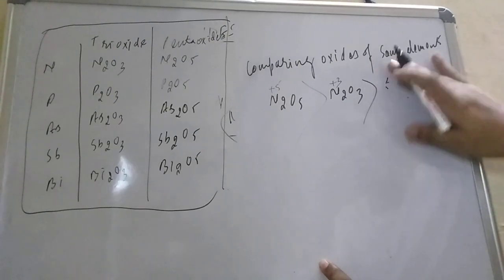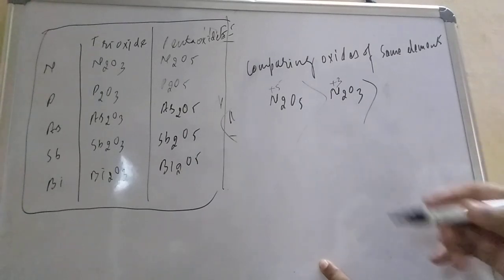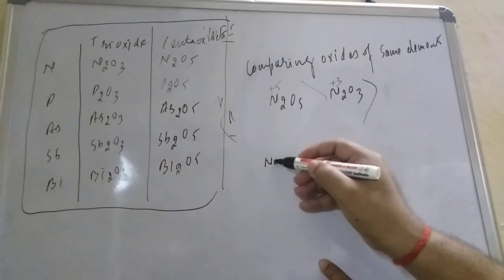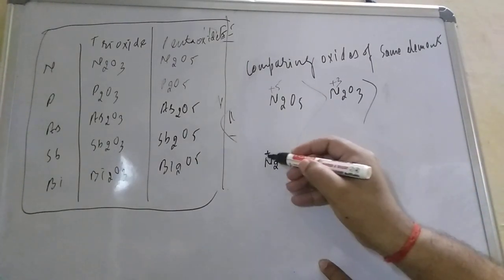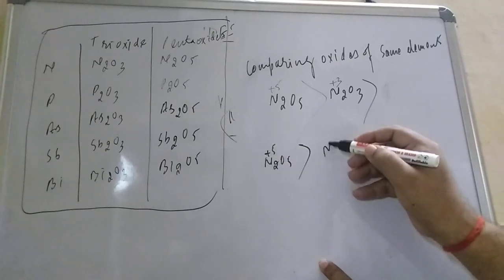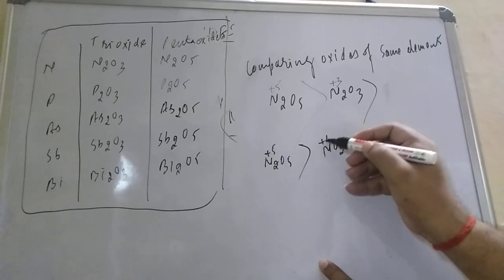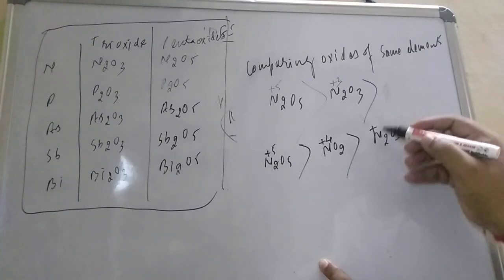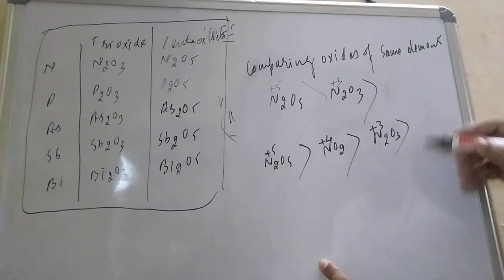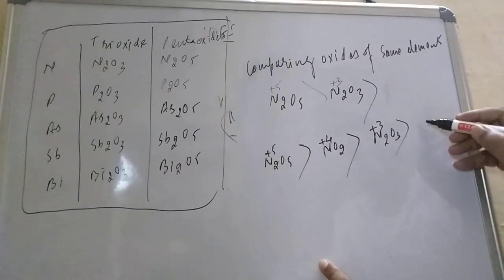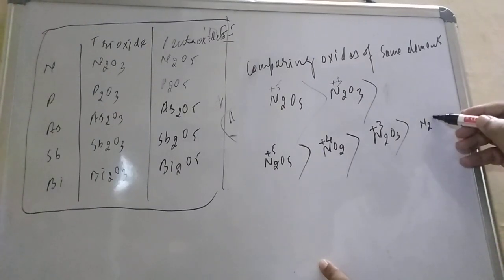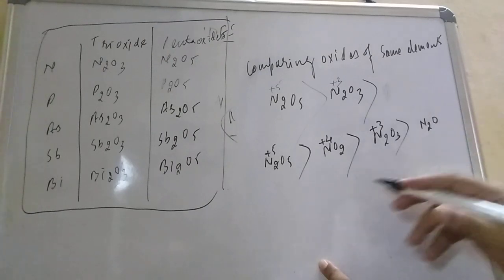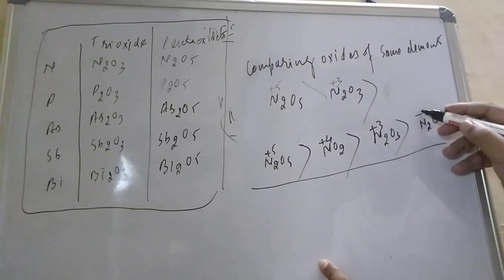If you are comparing, N2O5 is plus 5, so highly acidic. Then NO2, plus 4, is acidic. Then N2O3 is plus 3. And N2O is plus 1.